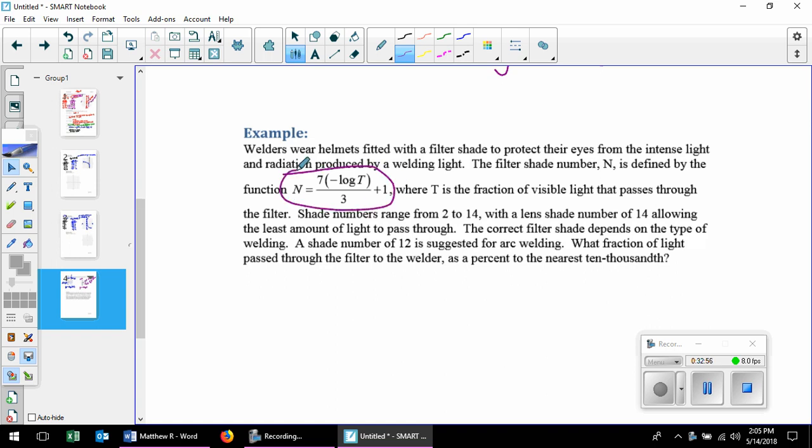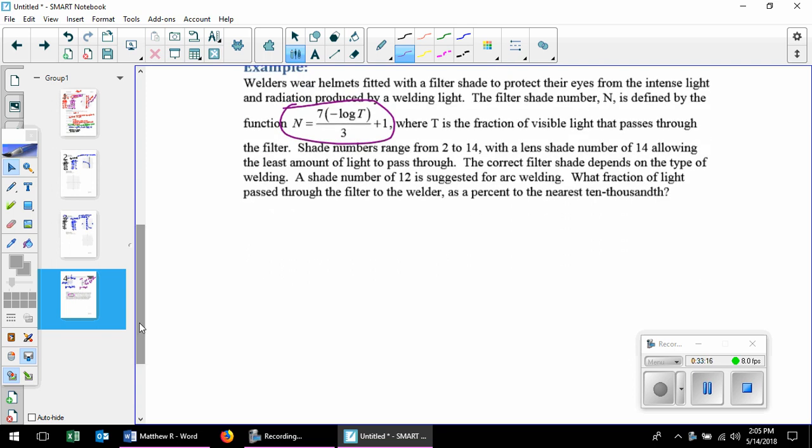So there's the equation. N is the shade number. Shade numbers range from 2 to 14, with a lens shade number 14 allowing the least amount of light to pass through. If the shade number 12 is suggested for arc welding, what fraction of light passes through the filter to the welder? And it says to the nearest 10,000.